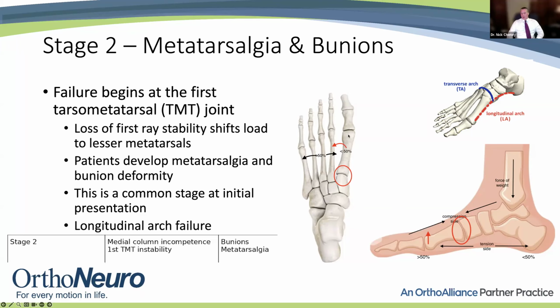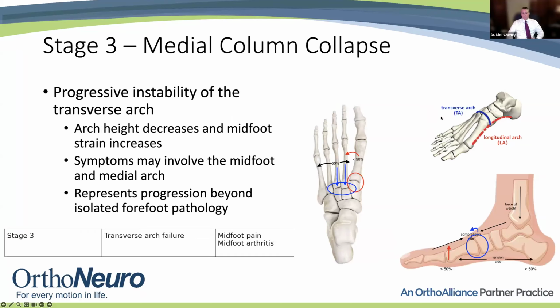So think about a teeter-totter. The ground's pushing up here, it's causing stress here. And so then that allows this first ray to become what we call hypermobile, and it allows some weight to start shifting over to these lesser metatarsal bones, not intended to take it. And so you can start to develop pain in the ball of the foot or to develop a bunion as that longitudinal arch begins to fail.